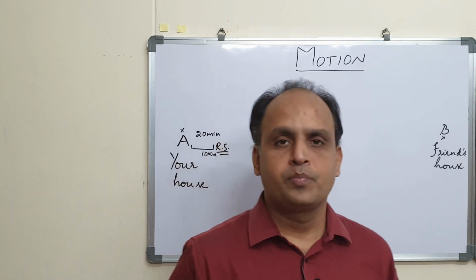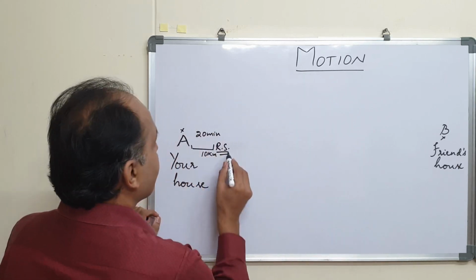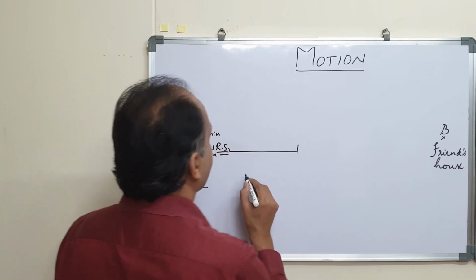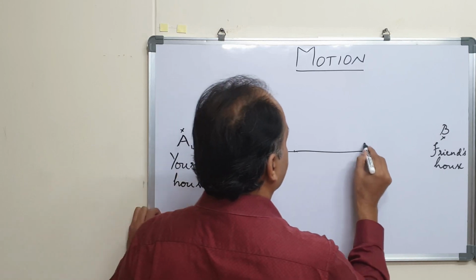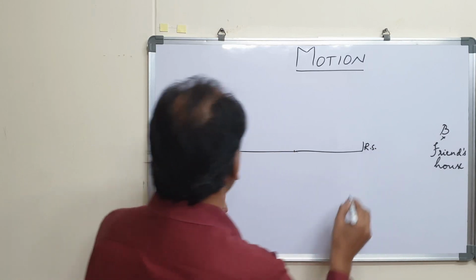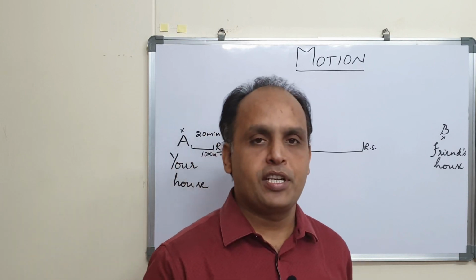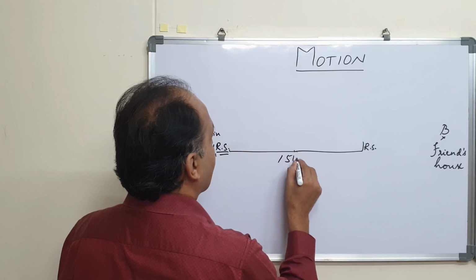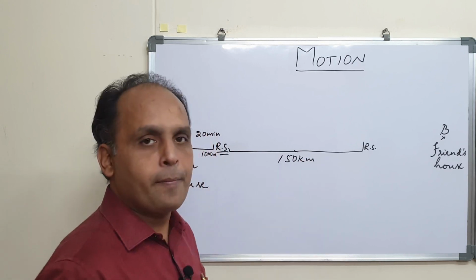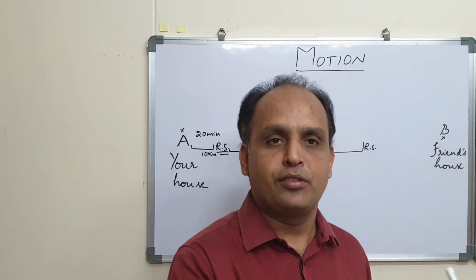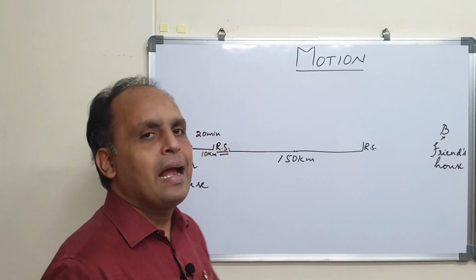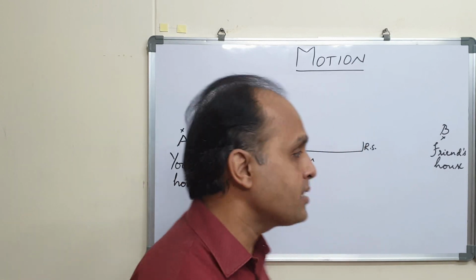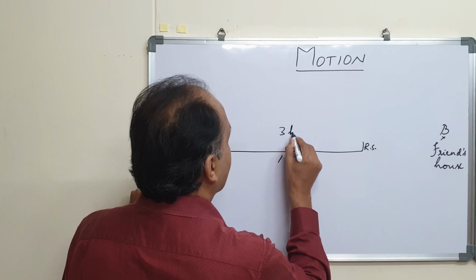Then from the railway station to your friend's railway station, because when you board the train, you get down at the railway station of your friend's town, let us suppose that is some 150 kilometers. The distance that you traveled by train is 150 kilometers, and let us suppose for this distance you have taken a time of 3 hours.